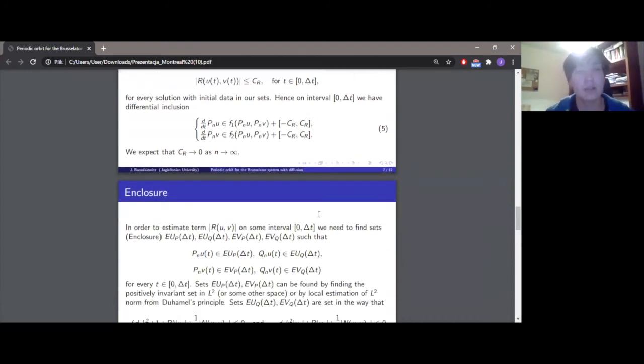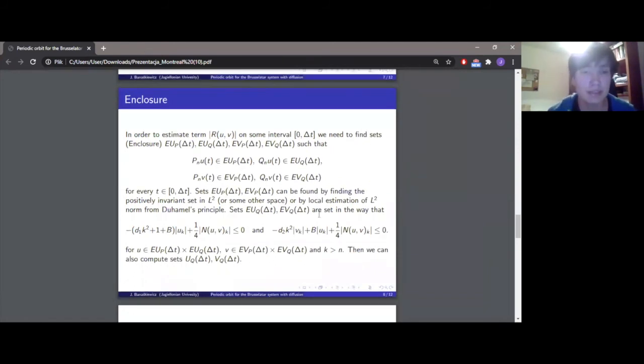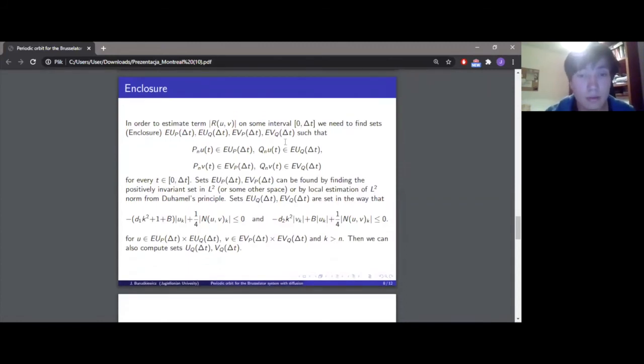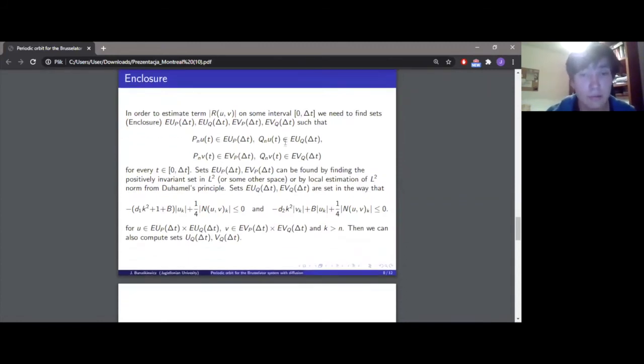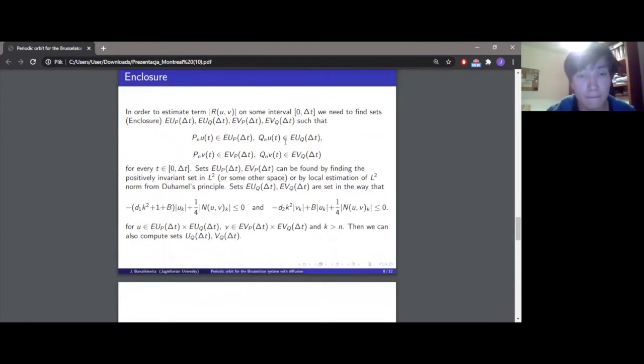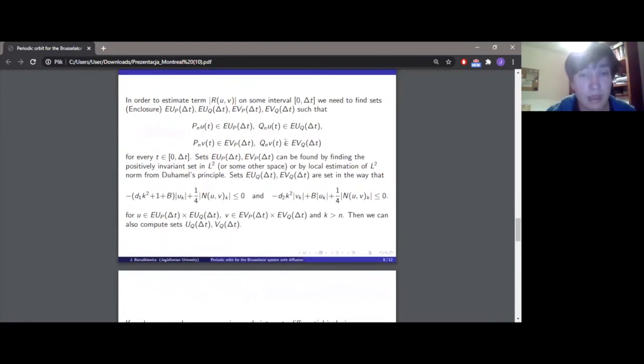Okay, and to do that we need to estimate this term. How can we do this? We need to find an enclosure for our solutions.